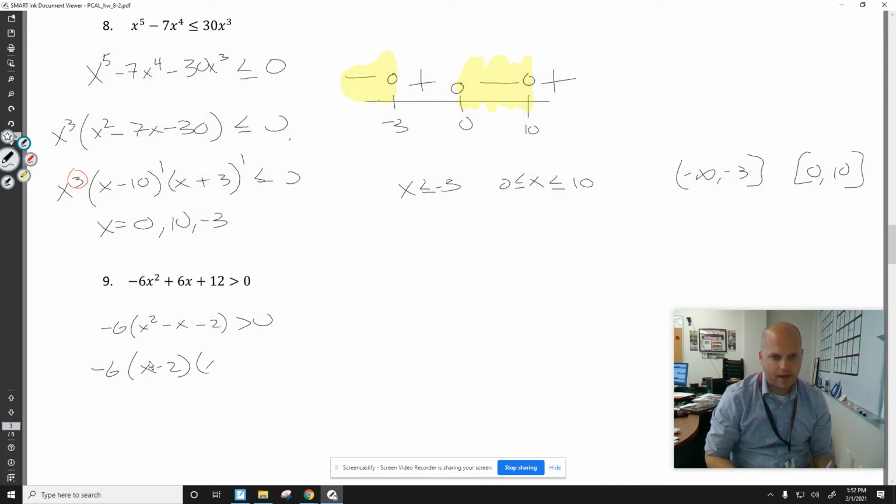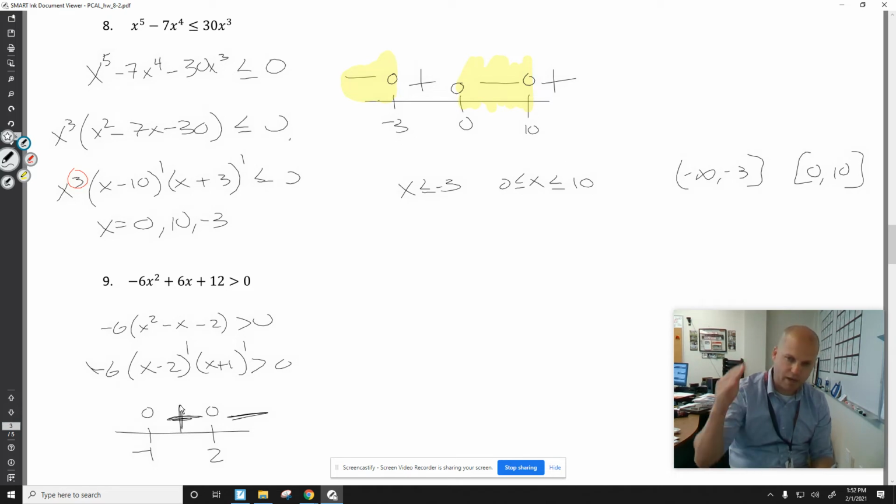X minus 2, x plus 1, greater than 0. So I don't have 0. 0 is not a solution. The solutions are negative 1 and 2. 0 plugged in to these x's doesn't give any 0. These multiplicities are 1, so we're going to pass through. Plug in something like 3. Positive, positive, negative. So that's going to be a negative over here to the right of 2.